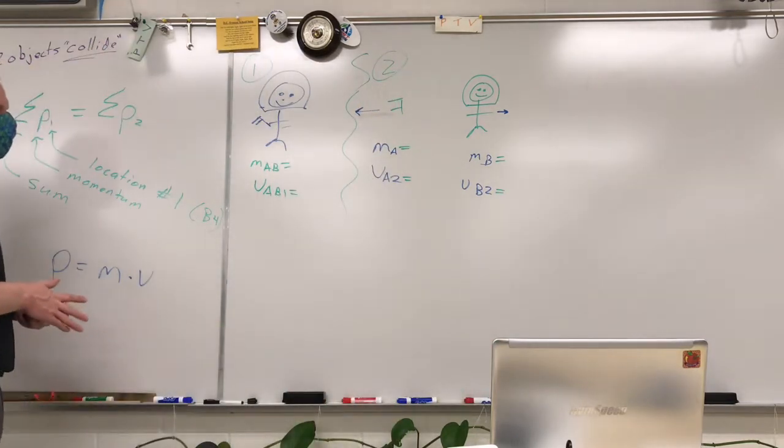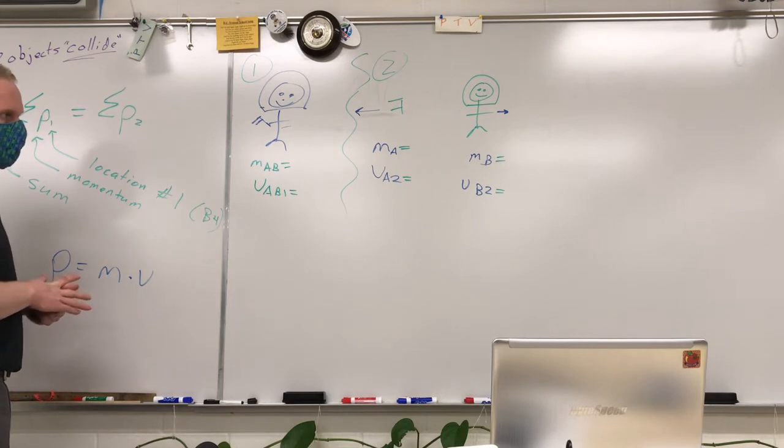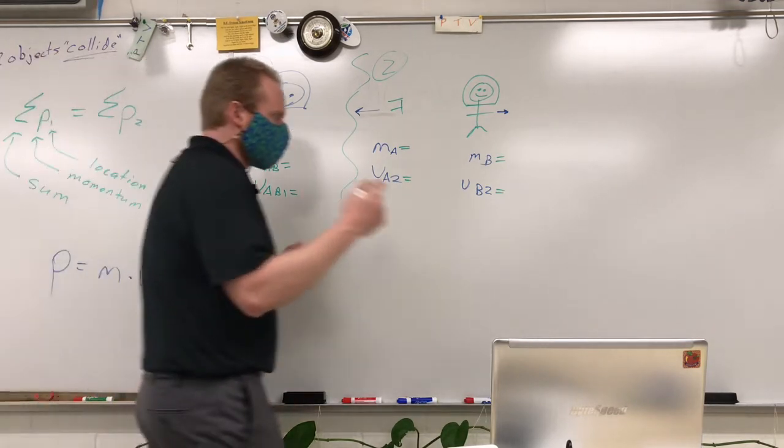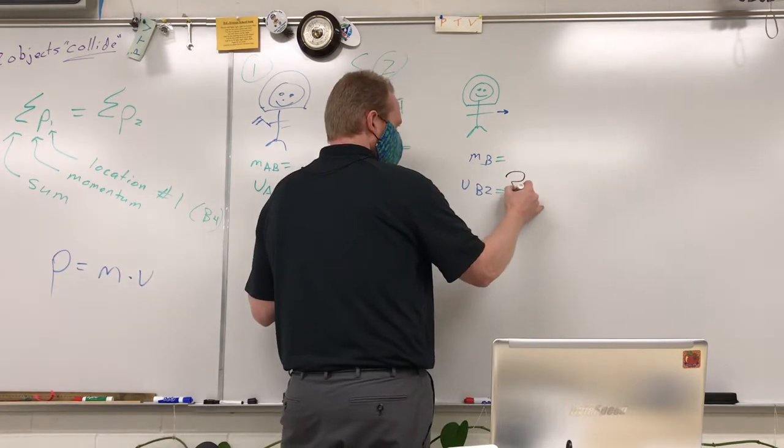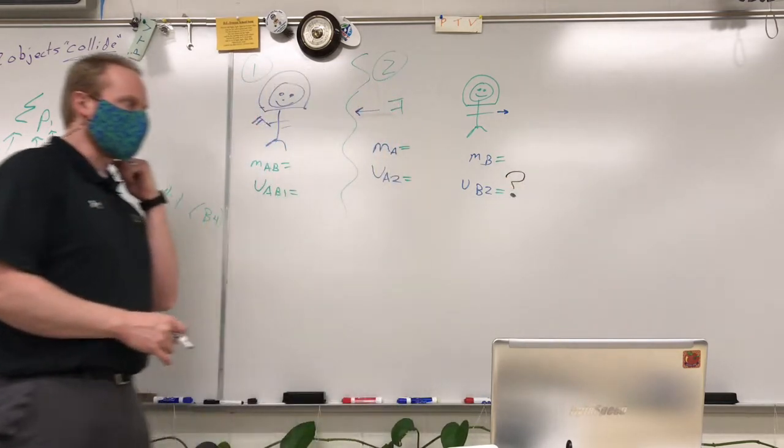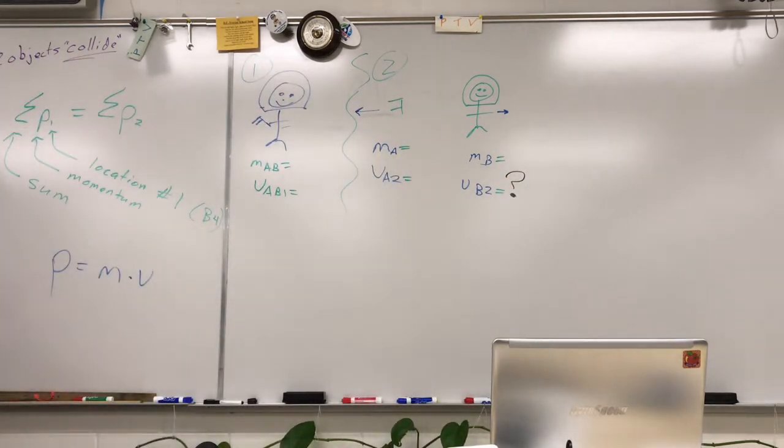If you say, hey, I had too many variables, then something's implied or you missed something. The question that I ultimately wrote is, how fast will she be drifting back to the space shuttle? So what is her velocity after she throws the wrench? That's ultimately what we are solving for.